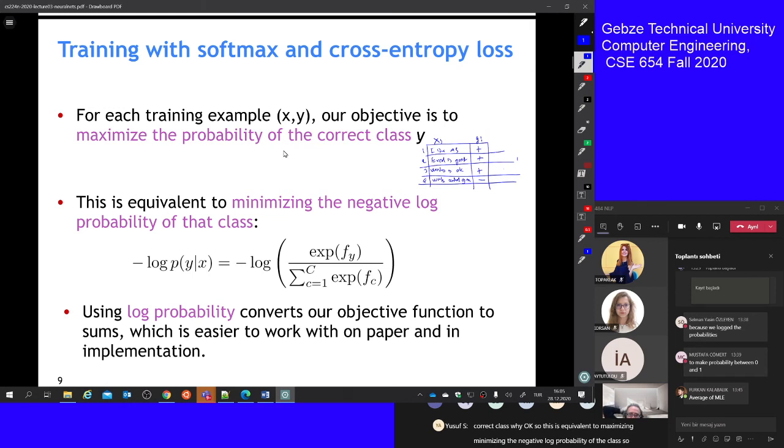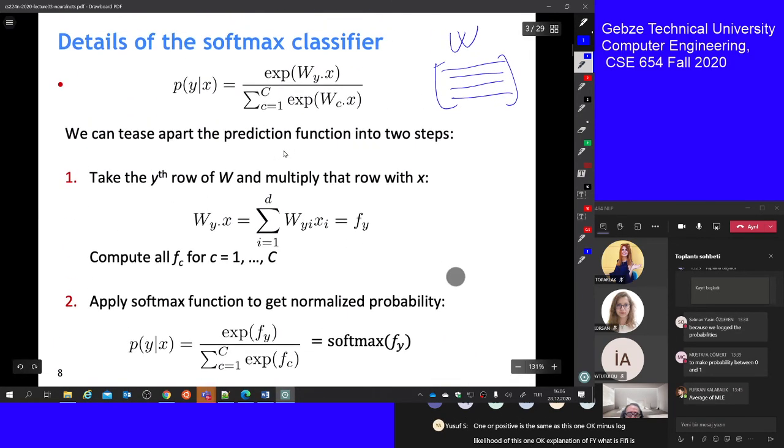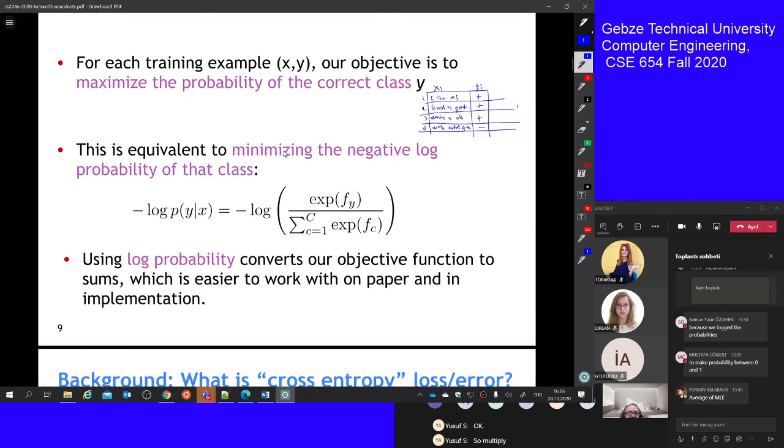Given x, the first sentence, the probability of having 1 or positive is the same as minus log likelihood of exponential of fy. What is fy? Fy is this one. So multiply the vector x with the wy, and sum this over, and that's it.